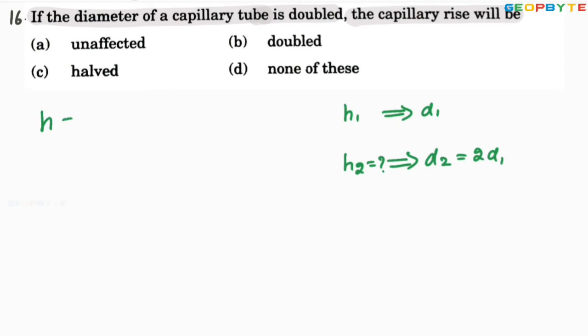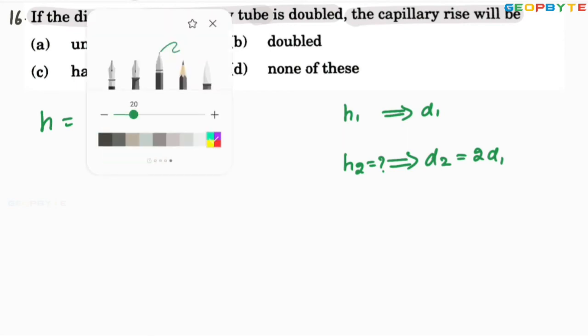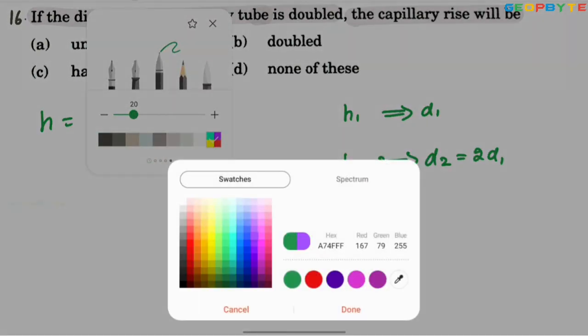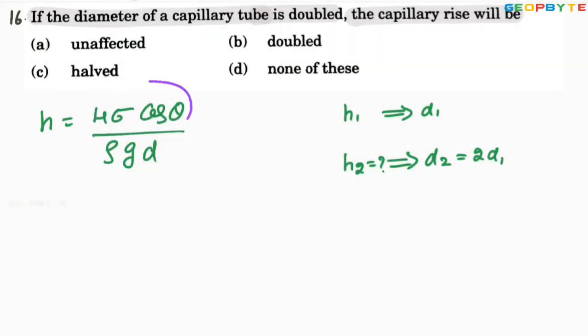As we know, H equal to 4 sigma cos theta by rho g D. Since he is asking the relation between the diameter and capillary height, all these other terms are treated as constant.